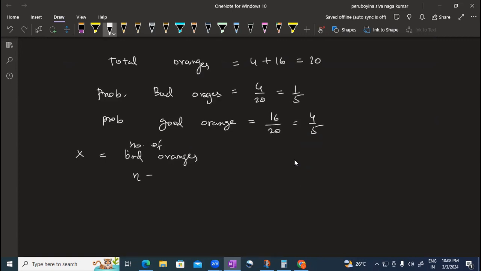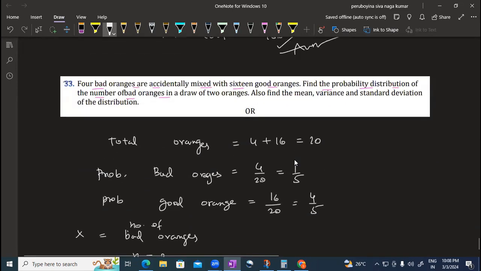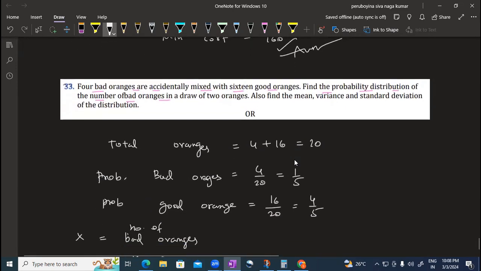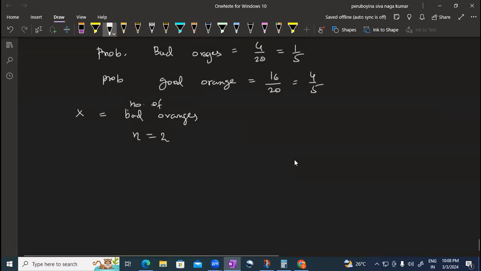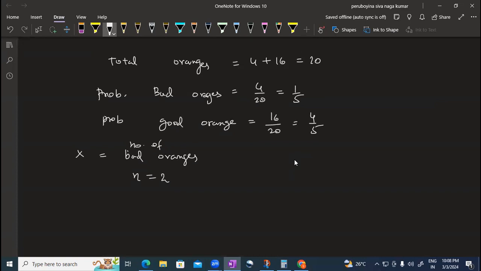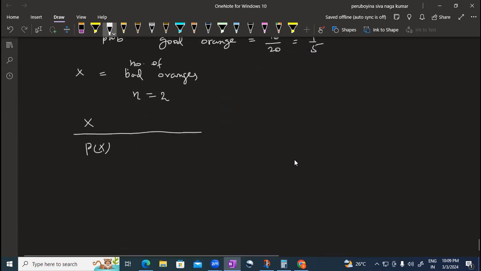So n is equal to 2 oranges, totally 2 trials. Also find the mean, variance and standard deviation of the distribution. So create a table, X and P of X.